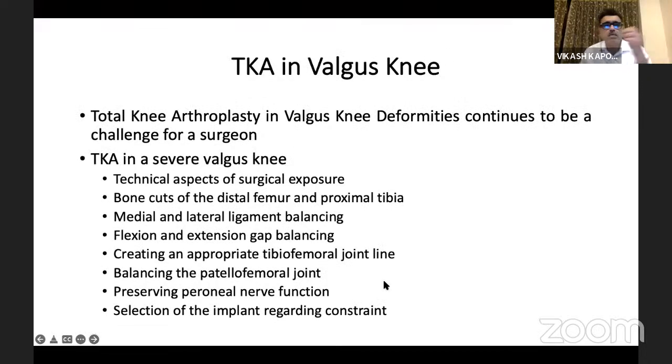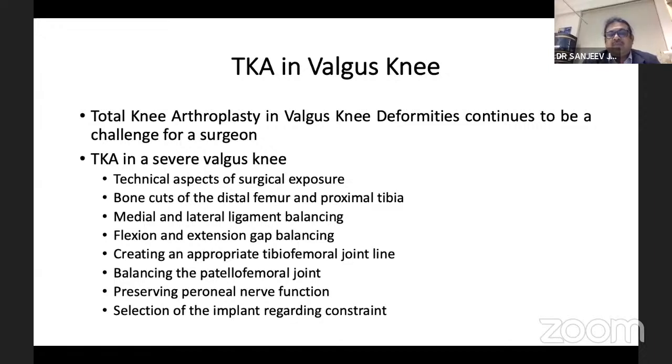Okay. It's always a challenge to deal with valgus knees. There are many technical aspects, and one is the surgical exposures, femoral cuts, tibial cuts, balancing of medial collateral, lateral, flexion, extension, gap balancing, and of course, having an excellent implant with regards to the constraint.